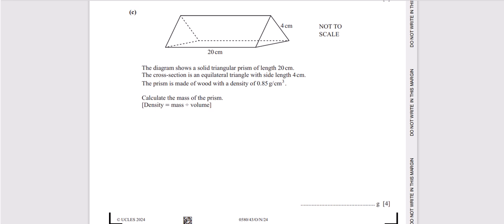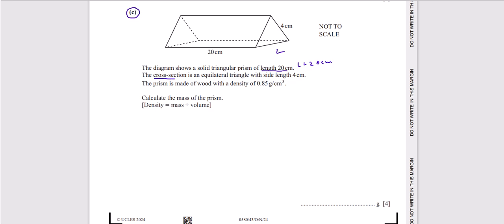Part C. This is the given diagram. The diagram shows a solid triangular prism, the length is equal to 20 centimeter.